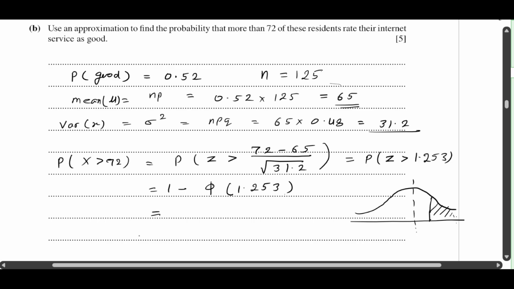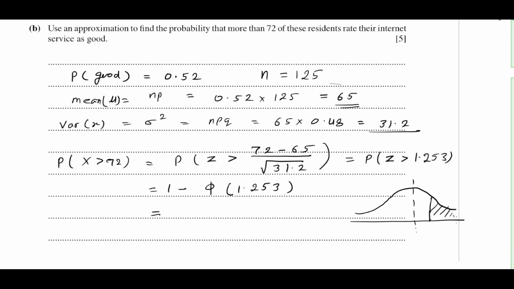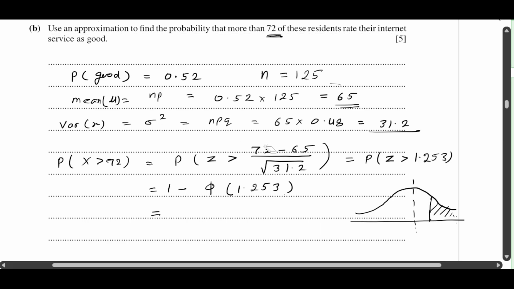A very small mistake which I have made here is that continuity correction we have to apply. Use an approximation to find the probability that more than 72. So more than 72 means here I will apply the continuity correction because 72 is not included.